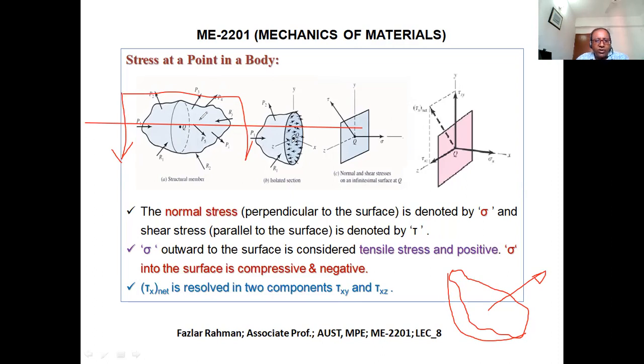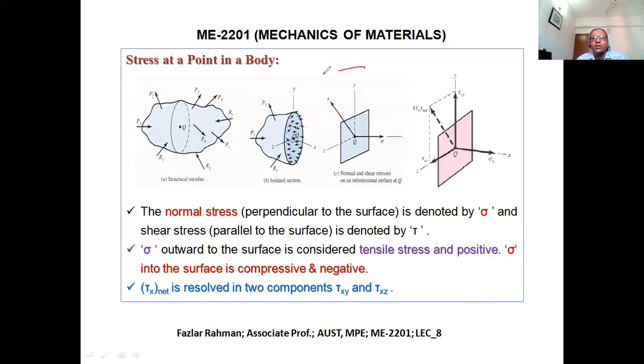So if a body is subject to multiple forces, and you see a point P, an internal point inside the body, then how many forces or stresses can it experience? It can experience a total of 9 stresses. How?